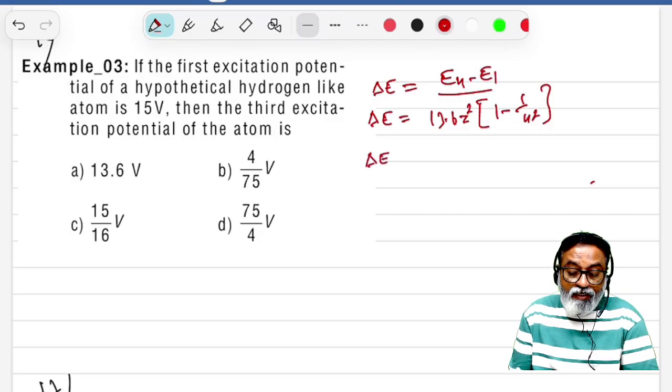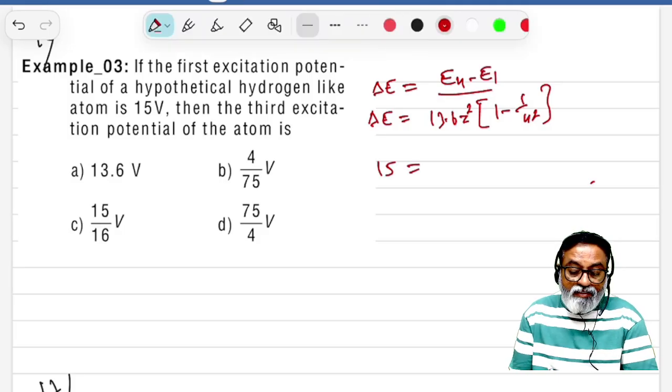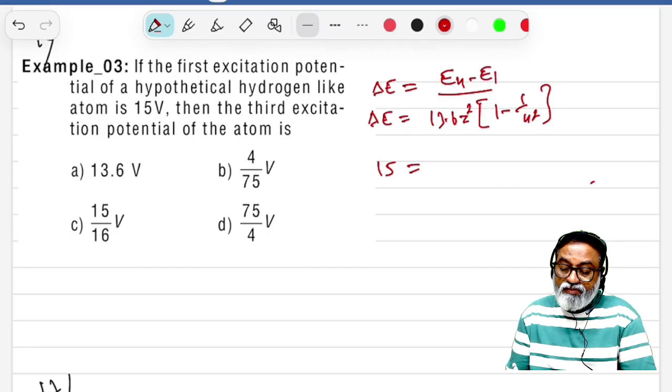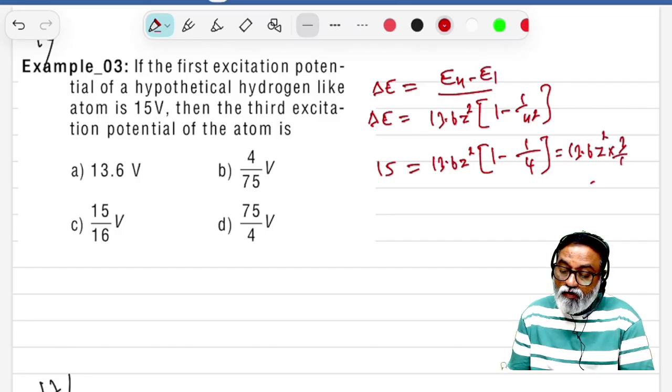The first excitation potential is given as 15 volts. First excitation means N is equal to 2. This becomes 13.6 Z square into 1 minus 1 by 2 square, which is 4. Therefore, this becomes 13.6 Z square into 3 by 4.